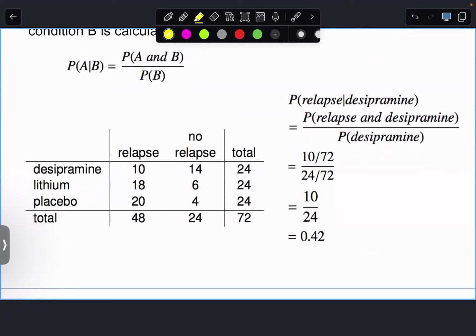If I know that they were in this group, and I want to know what's the probability that they relapsed, that should put me at 10 over 24. Technically, what you are doing is this calculation, right? But from the table, you can just skip straight to here, right?